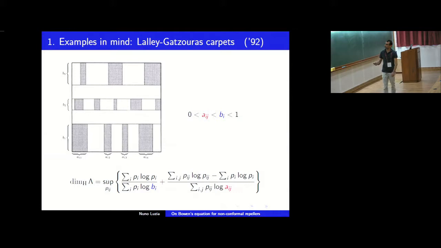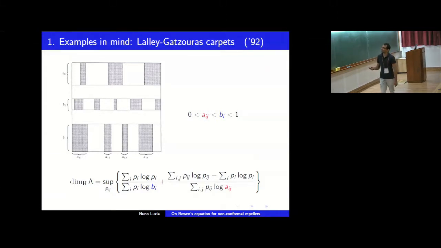So what does this formula mean? It is saying that it's the supremum over these p_ij's, which correspond to Bernoulli measures over these dynamics.